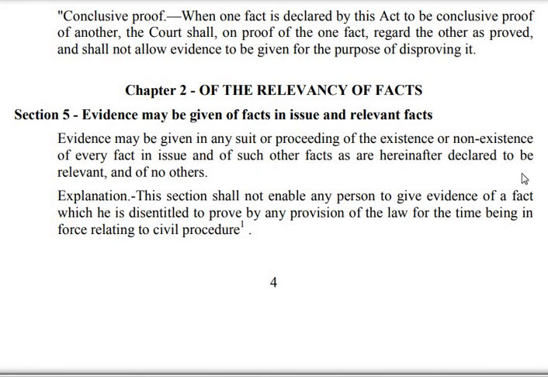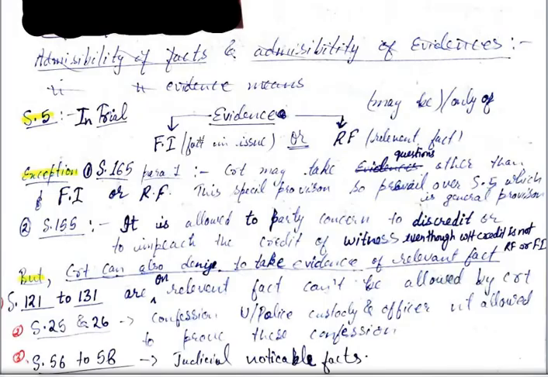So they are categorically stating that in any trial, किसी भी ट्रायल में, चाहे वो सिविल सूट हो या क्रिमिनल मैटर हो या फिर कोई और प्रोसीडिंग्स हो, उसमें एविडेंस may be given only of fact in issue and of relevant fact.